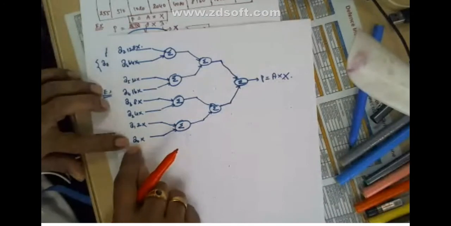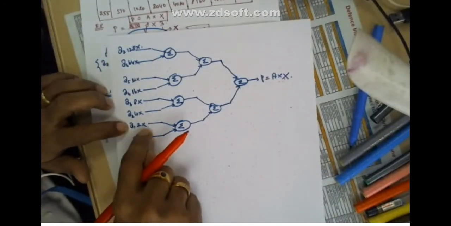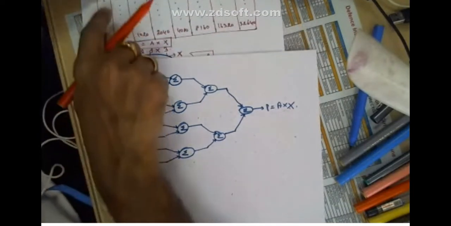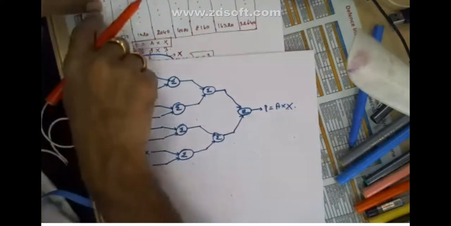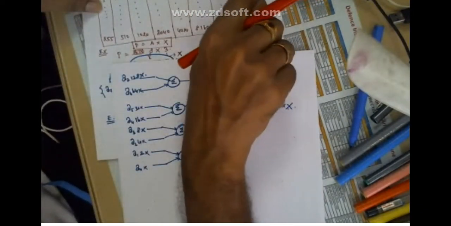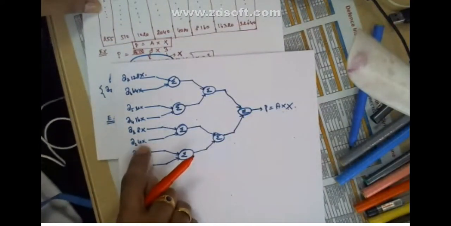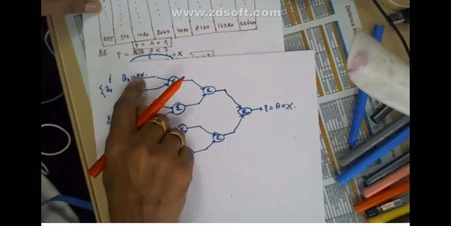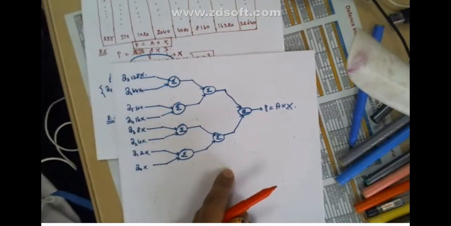A naught is 1, bit is 1, means that value will be taken. If A1 is 1, this X value we know, right? If X value is 5, we should go to the 5th row. If X is 12, we should go to the 12th row. In the 12th row, this is the first element, the second element, the third element, fourth element, fifth element now, right? So by looking at the X value, you will select the suitable row.